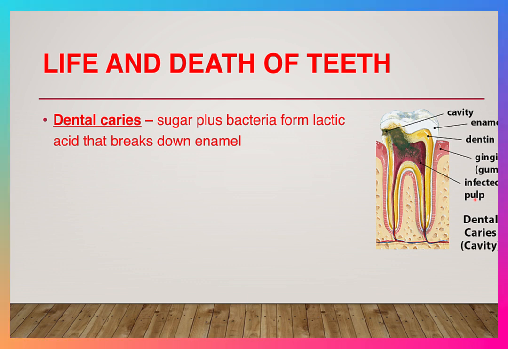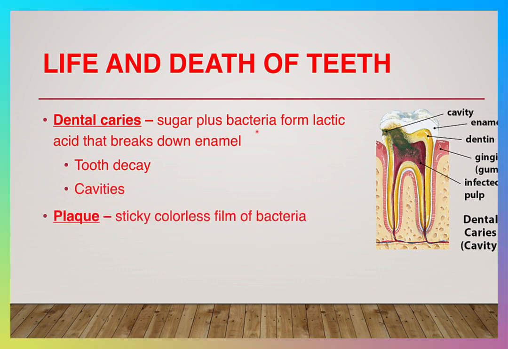So what happens to teeth? Well, teeth can have what's known as a caries. Caries are when sugar and bacteria get together in the mouth and they form a lactic acid. And the lactic acid works on the enamel and causes a breakdown of the enamel, which is called a caries or a cavity. And this is what's known as tooth decay. And these cavities can cause serious problems with the tooth if they get past the enamel and past the dentin into the root area.